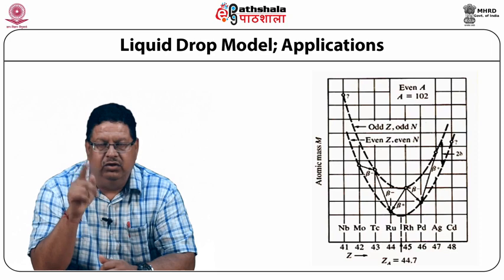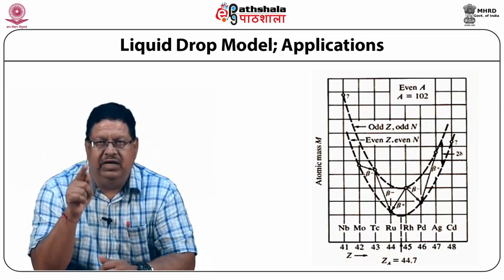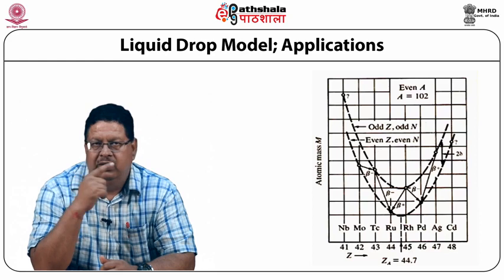That is why you see two curves in this picture. One curve corresponds to odd Z, odd N, and another to even Z, even N. The curve for even Z, even N is lower in energy, the lower one, whereas the curve for odd Z and odd N is the upper one.